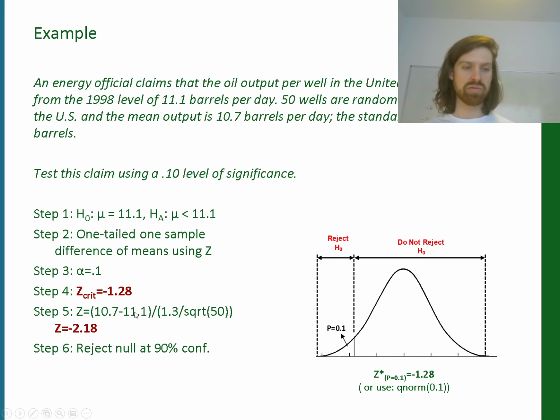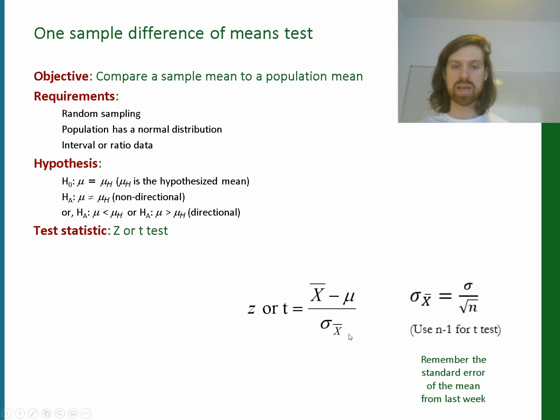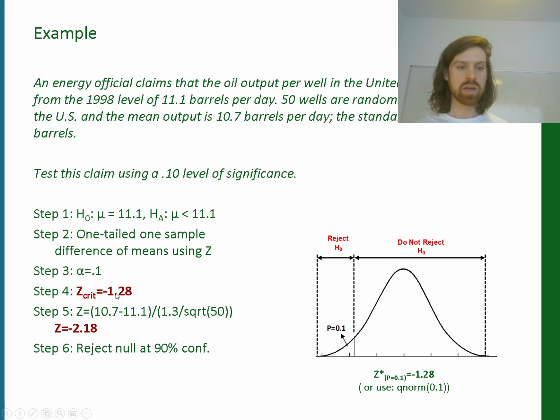So how do we do that in reality? Well, to get the Z-score, we need to go back to a formula here. So we need to basically subtract the population mean from the sample mean that we've obtained, and then we need to divide it by the standard deviation divided by the square root of the sample size, which is the standard error of the mean. And when we do that, we get minus 2.18.